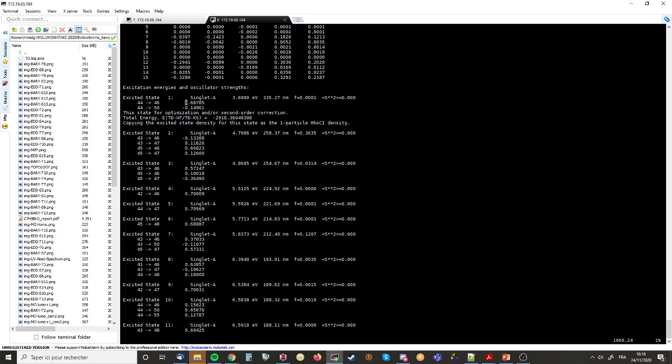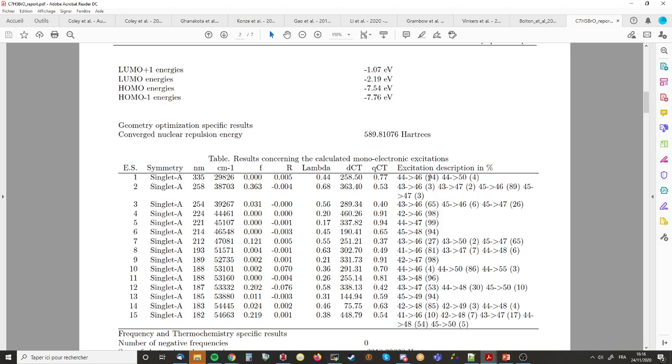So in your table, if you want to compare, you will see that here it's HOMO minus 1 LUMO, it's not 0.68 or 0.69, it's directly 94%. That means it's 0.69 squared. And you see that therefore the first excited state is mainly HOMO minus 1 LUMO, when the second state is HOMO LUMO.